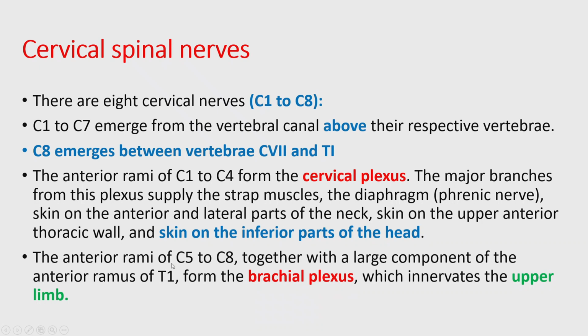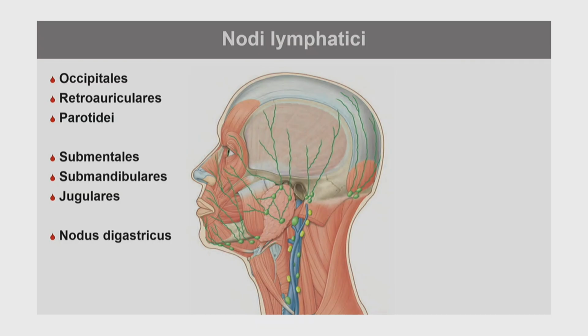The other C5 to C8 make another plexus, the brachial plexus, which is responsible for innervation of the muscles and sensitive innervation of the upper limb. If you remember, the ulnar nerve, musculocutaneous nerve, radial nerve, and median nerve all arise from the brachial plexus, which you will discuss in detail. We will discuss it in the second semester.